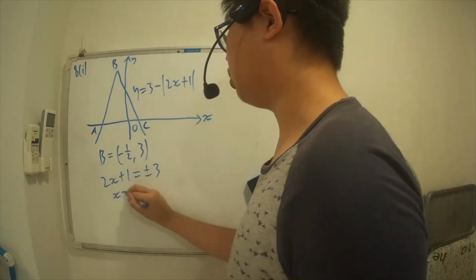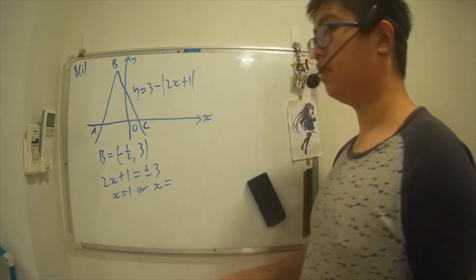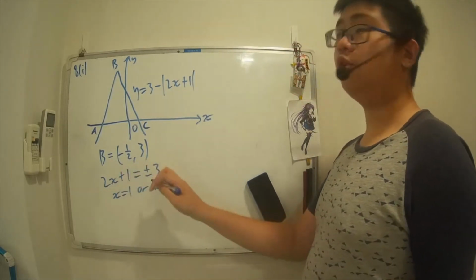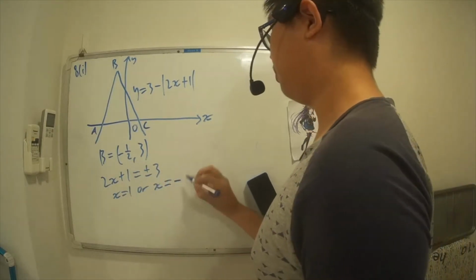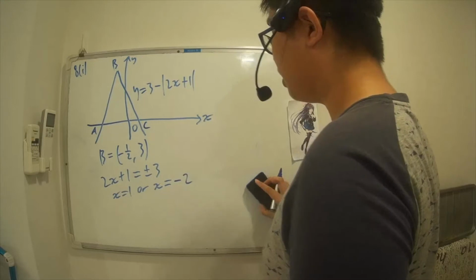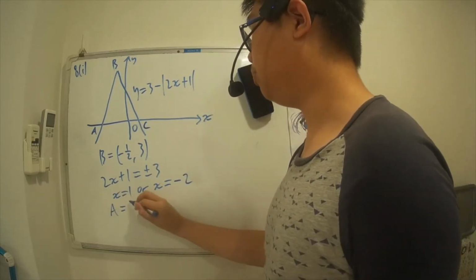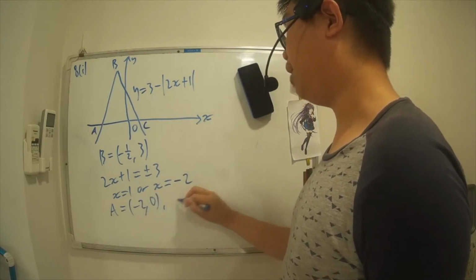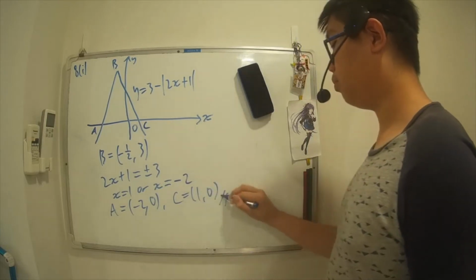So x is equal to 1 or x is equal to negative 2. And that means that A is equal to (negative 2, 0), and C is equal to (1, 0).